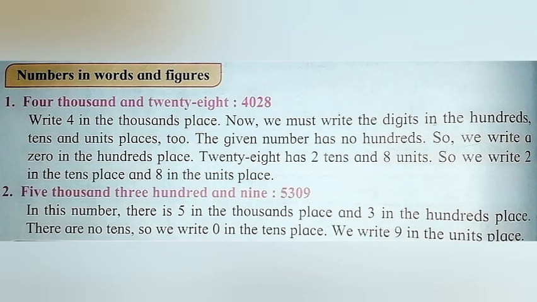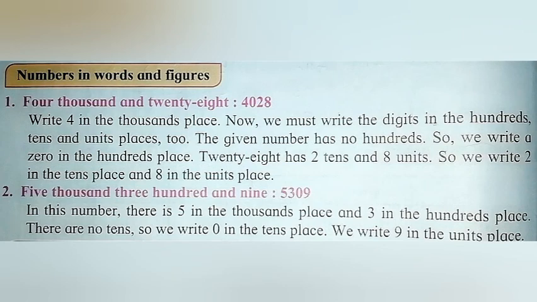So at this point we have to write 0 in the hundreds place. Figure becomes 4028. Whenever you get a question where you find a place missing from thousands, hundreds, tens, or units place, then you are required to add a 0.